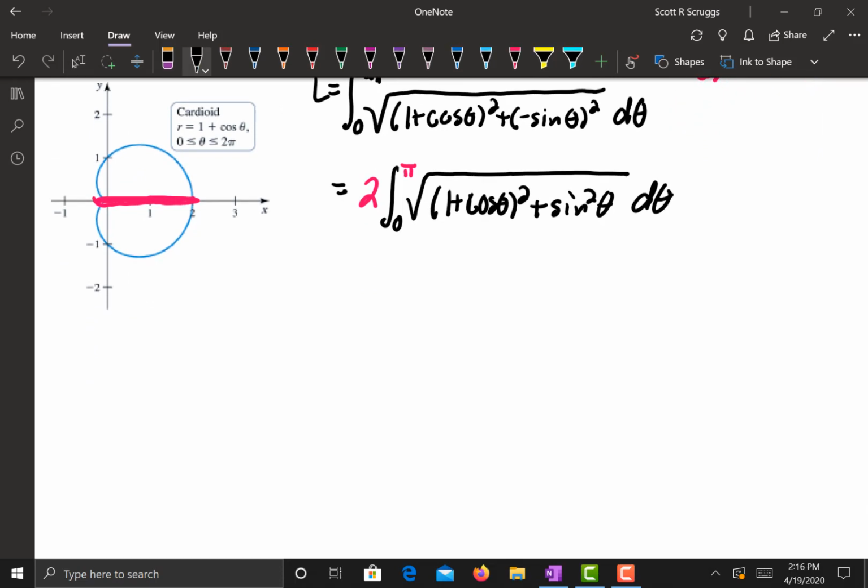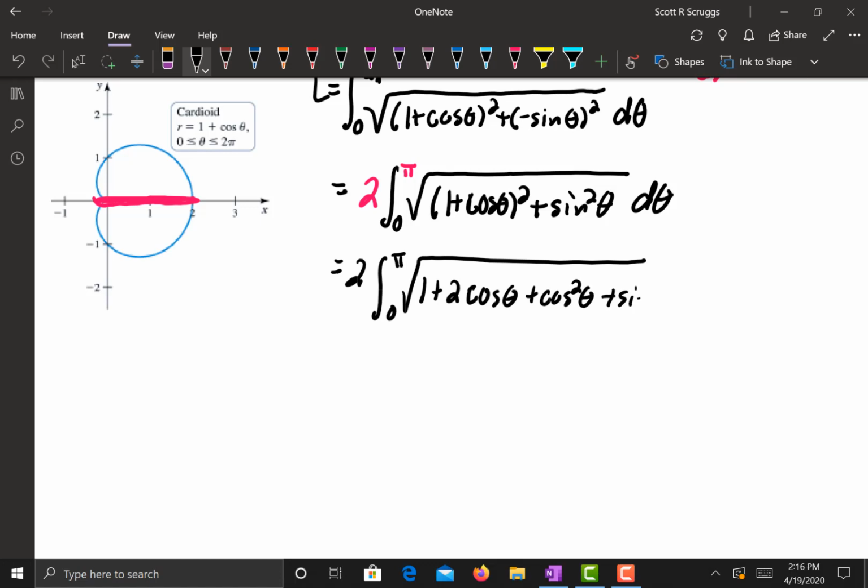Let's expand out the 1 plus cosine. 2 times the integral from 0 to pi, square root of 1 plus 2 cosine of theta plus cosine squared of theta plus sine squared of theta d theta.